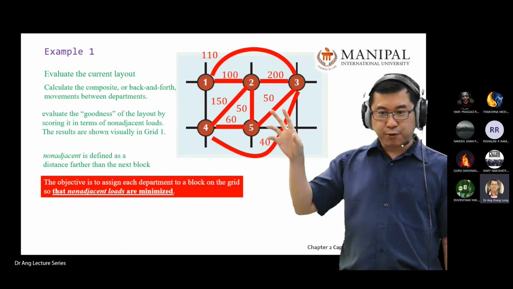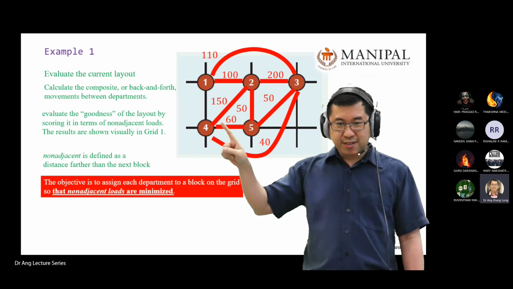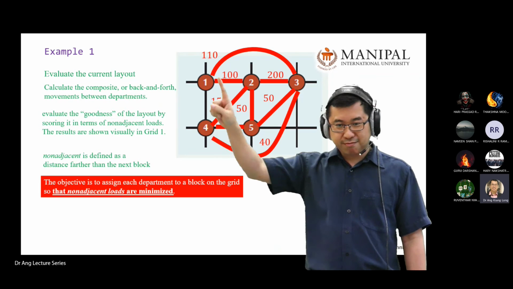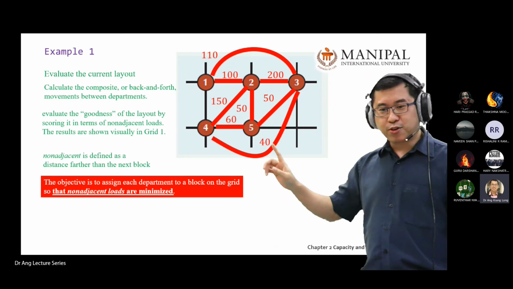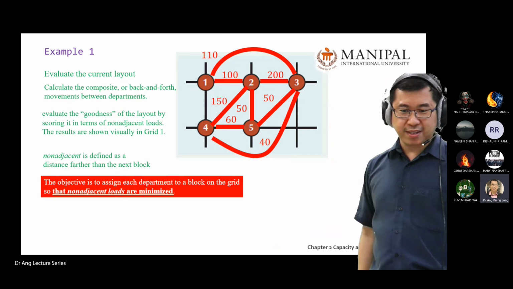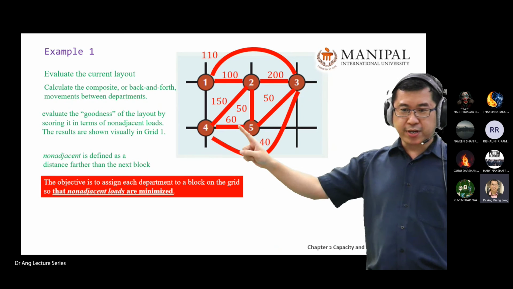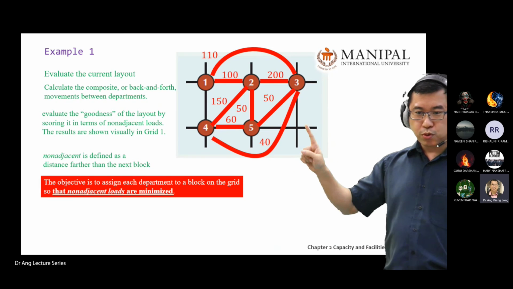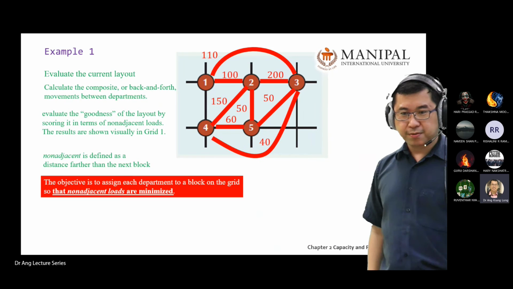How do you move all these points so that this diagram becomes balanced and eliminates the non-adjacent? There are 6 possible locations that you can go: 1, 2, 3, 4, 5, 6.